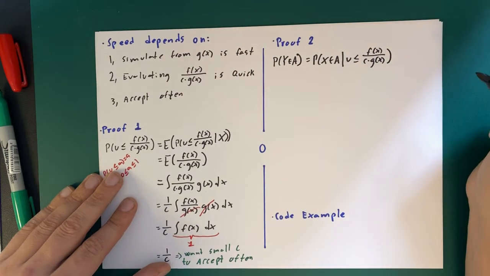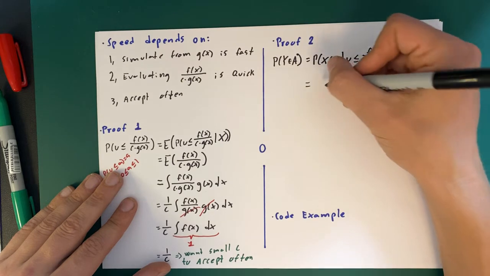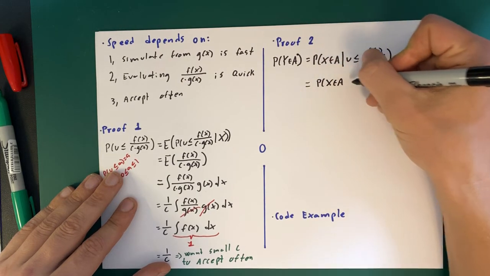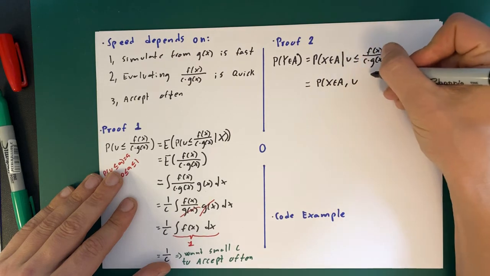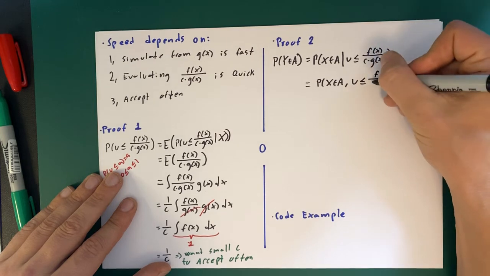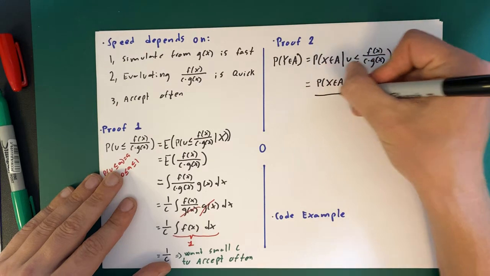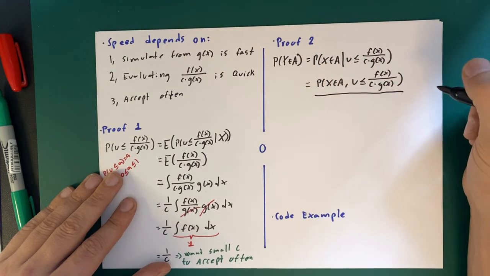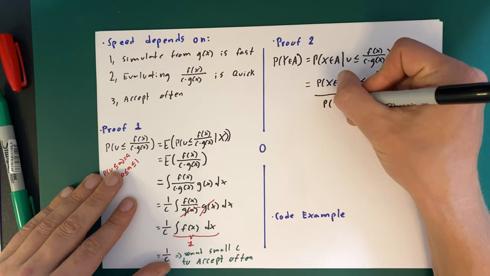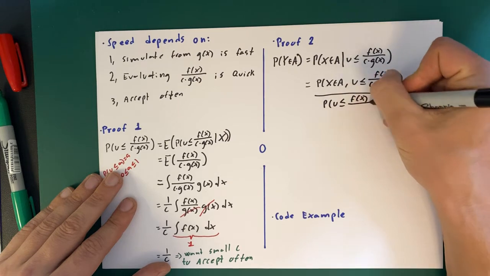This is a conditional probability, so we'll use the definition: the probability of X belonging to A along with U being less than or equal to f(x) over the envelope, divided by what we're conditioning on, the probability of U being less than or equal to f(x) over the envelope.